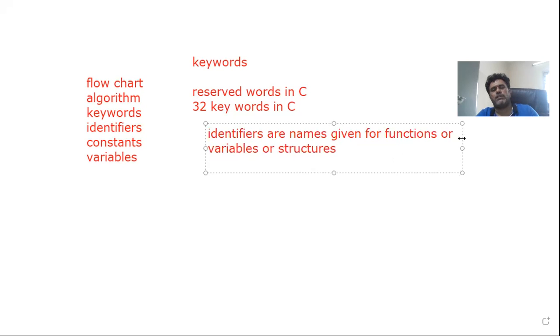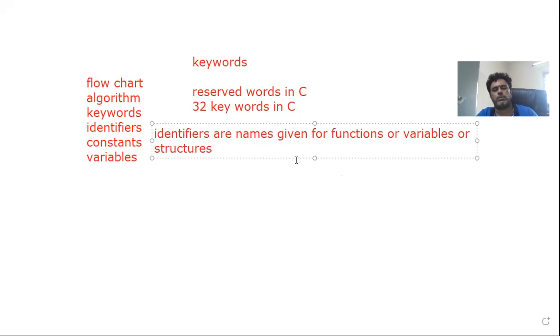Functions, variables, structures are parts of the C programming language. So if you want to declare some variable, or some function, or some structure, you have to specify a name for those things.